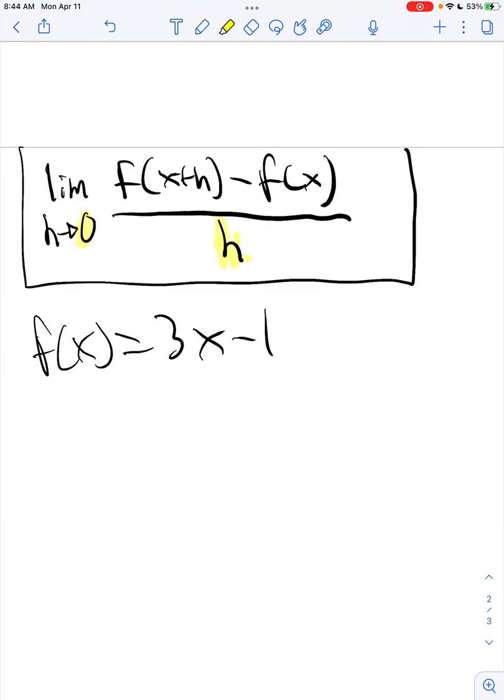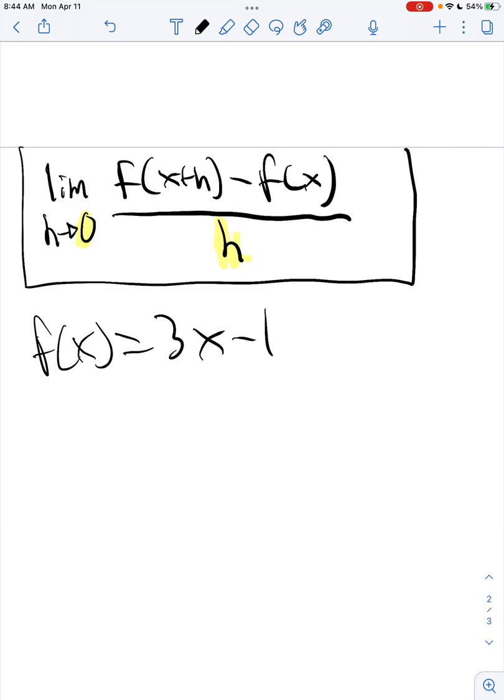Again, the problem that I see is 0 here and 0 here. We can't have a denominator of 0. So I'm going to try to use some algebra to reduce this down so that I don't have a denominator of 0.